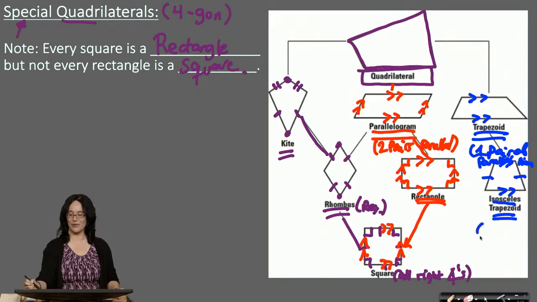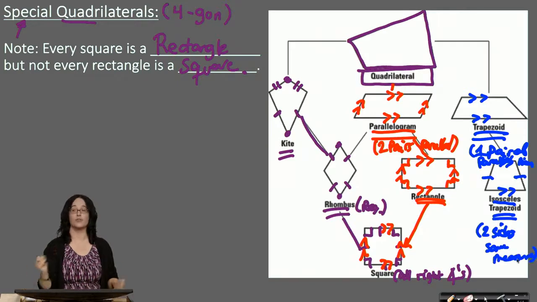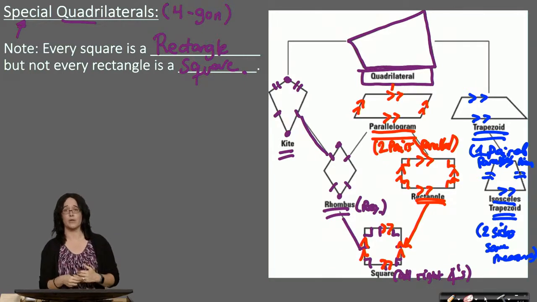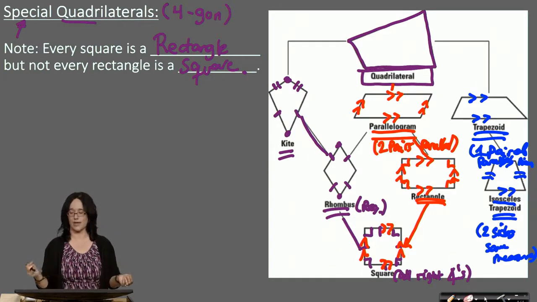Just like with our triangle. If that is the case, that's an isosceles trapezoid. Just like with a triangle, it was isosceles if two sides had the same length. Similarly for a trapezoid, if two sides had the same length and it's a trapezoid, we'd call it an isosceles trapezoid.